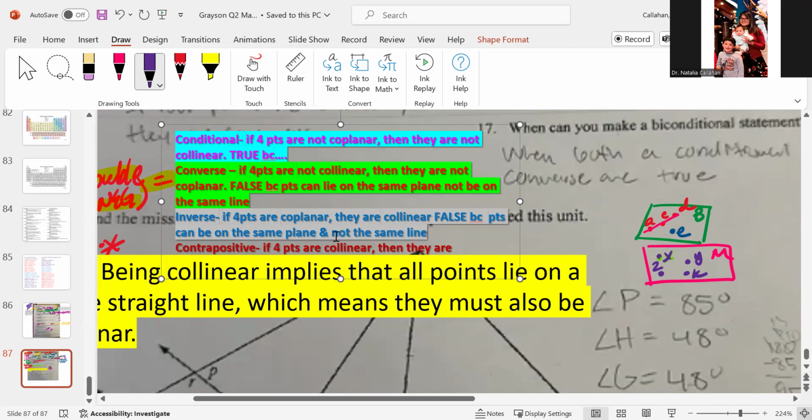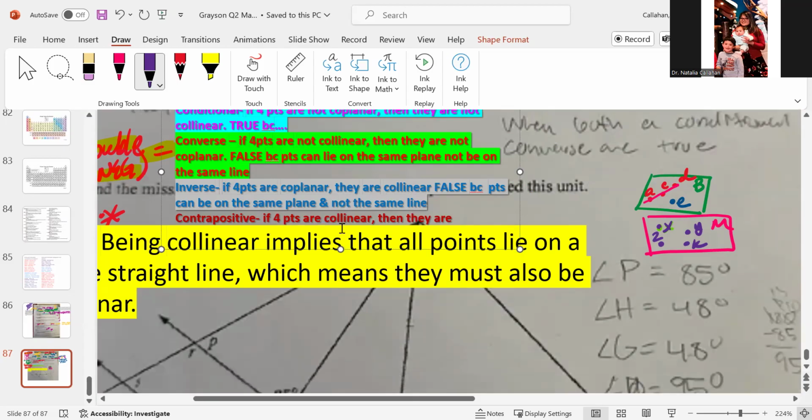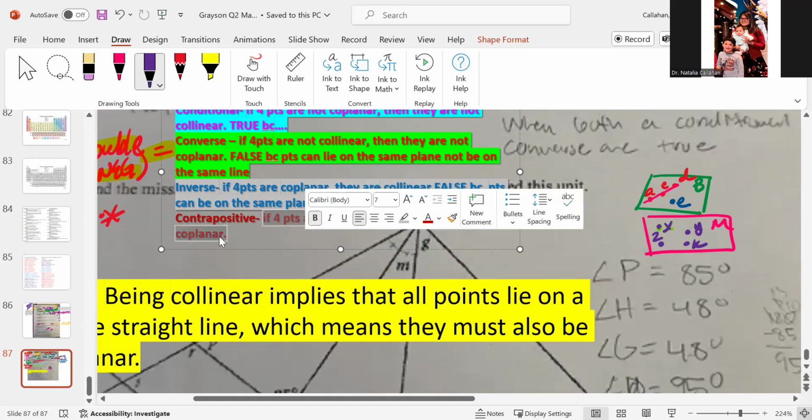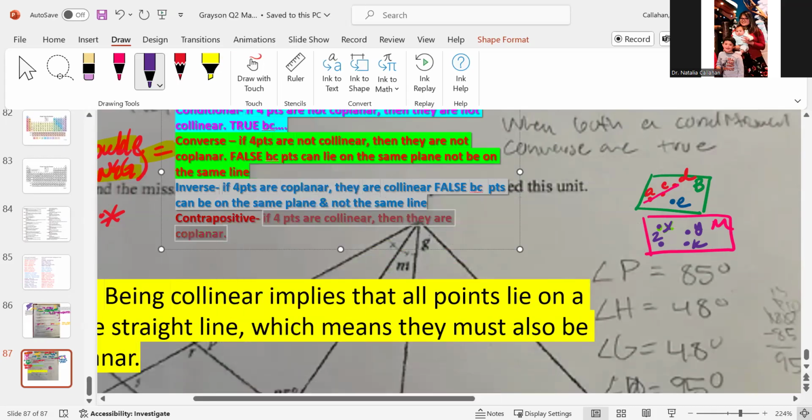Okay, contrapositive. If 4 points are on the same line, then they are on the same plane. I think that is true. Let me see if that's true.